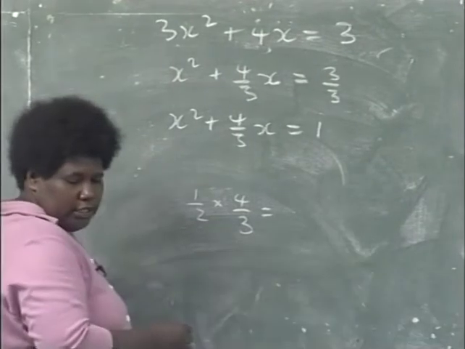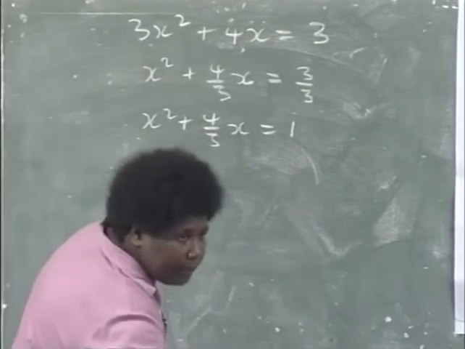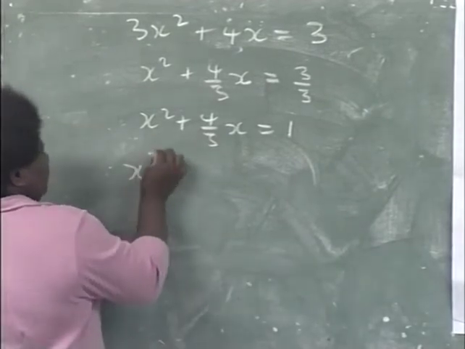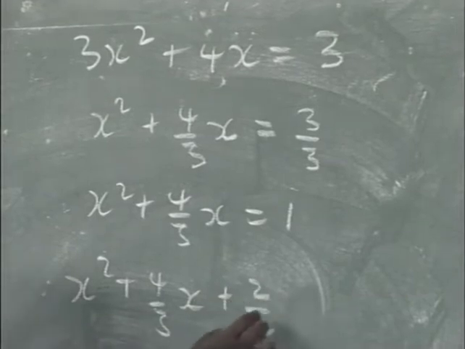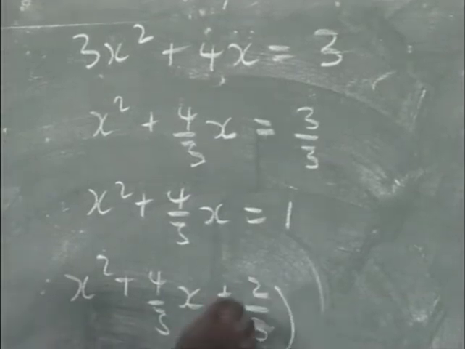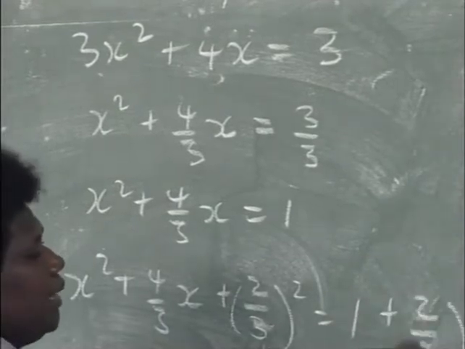Okay, it's 4 on 6, which is 2/3. Okay, so I am going to get 2/3, and I'll square it and add it onto both sides.